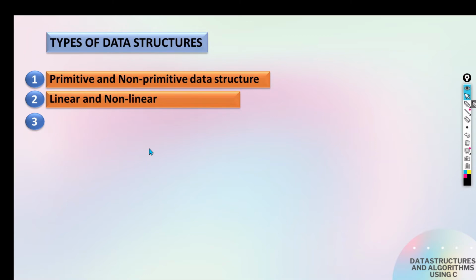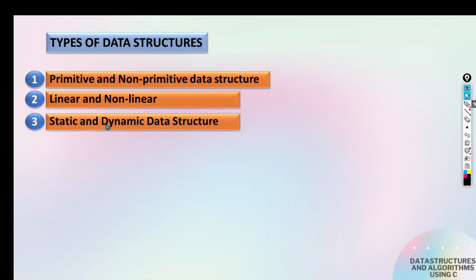During execution, you can allocate the memory as you need it, and if you don't need it, give it back to the system so that it will get garbage collected and can be reutilized. And how much memory is to be allocated, everything is in the programmer's will. According to that also, we have static and dynamic data structures.